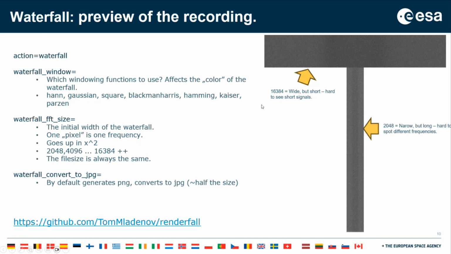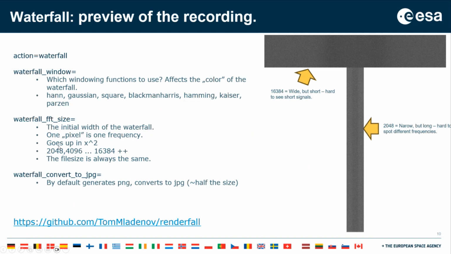But in my current testing, I used the Blackman-Harris window. It seemed to perform the best and give the best results. So I just left Blackman-Harris as the default. But if you have any other idea or want to play around with it, these are all the available windowing functions for the waterfall software.